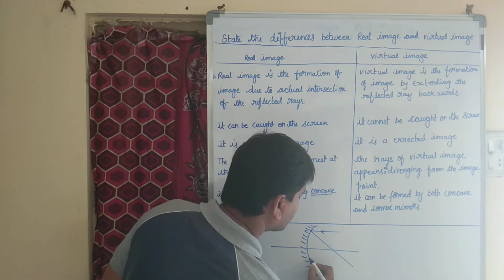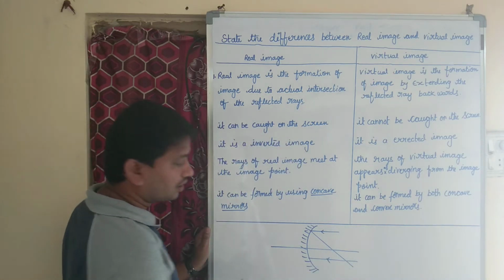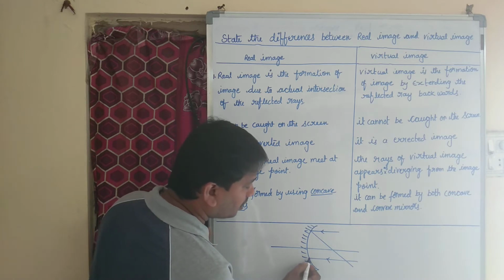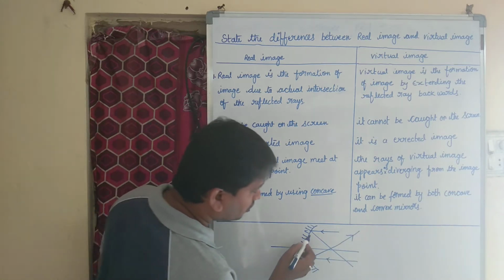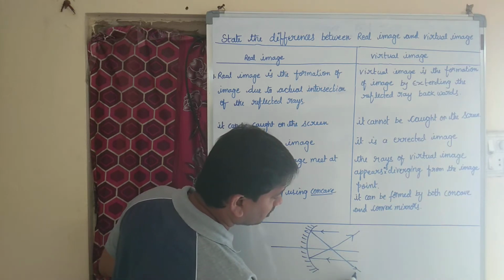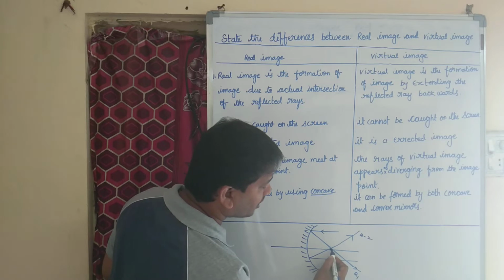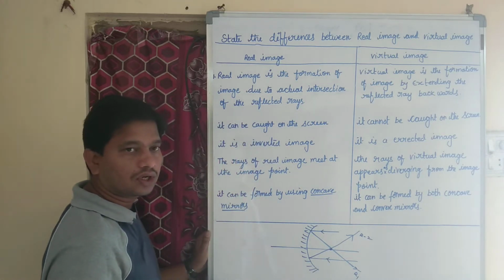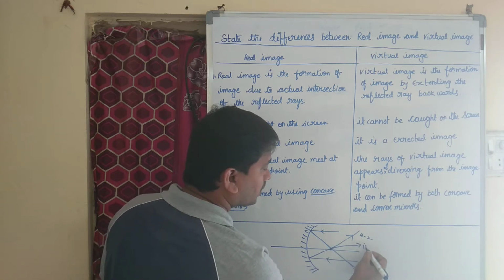Suppose this is our second incident ray, incident on the surface of the concave mirror. After that it is also reflected back. See here, students, this is our reflected ray 1 and this is our reflected ray 2, as they are going to meet at this point. There you will get our image point.